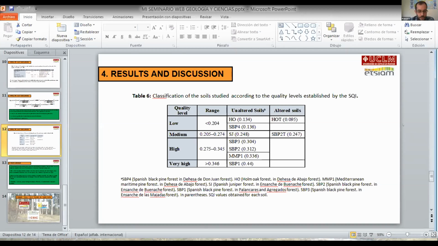Yeah, okay. Those ranges are made up because, as I said, we have used 2 more places. Remember that I said that we use 5 areas in which we sample, and there are 2 more. These 2 more places are altered soils, so we have used them to try the final algorithm as a test. There was a holm oak forest and a pine forest.